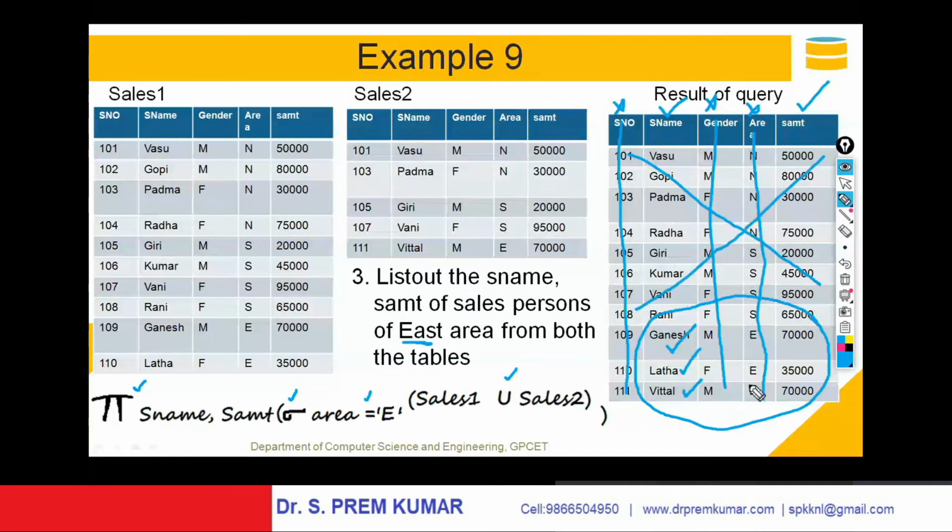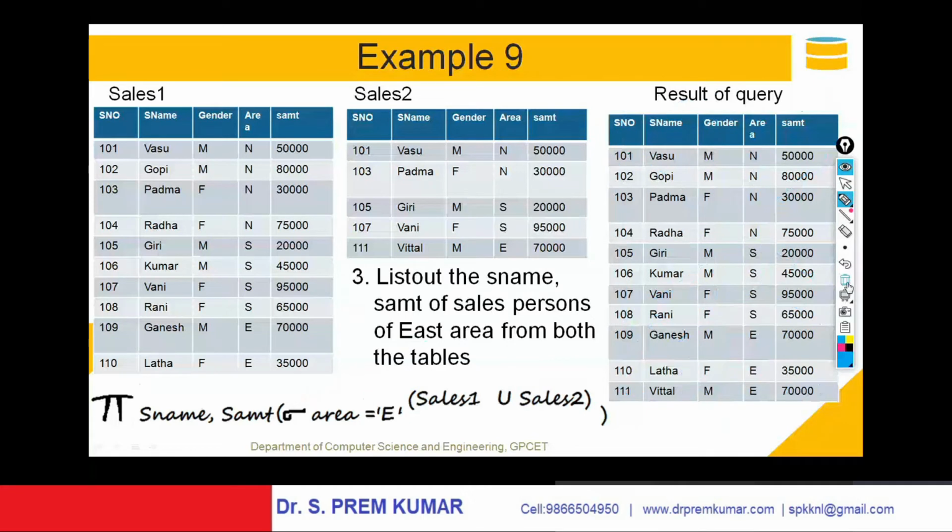Only this, because Ganesh belongs to east, Lata belongs to east, and Vittal belongs to east. You will get only the eastern salespersons' names and their sales amounts. You can go through this query. It contains multiple concepts: union, selection, and projection. We'll discuss the next topic.